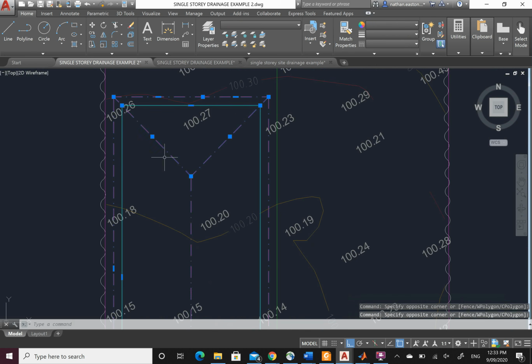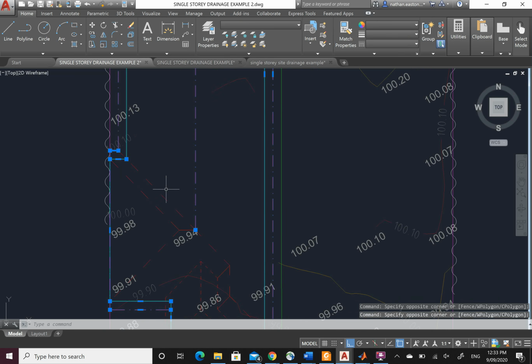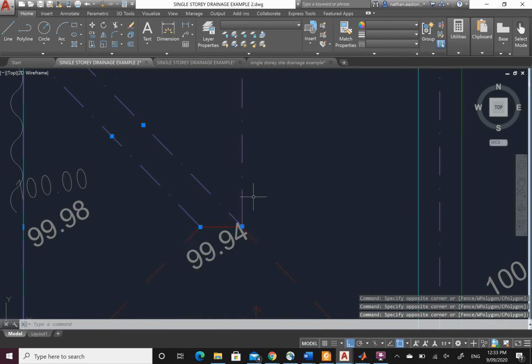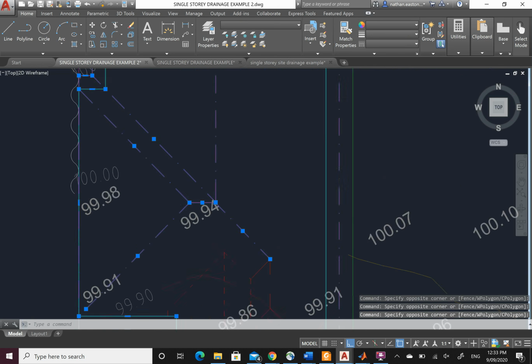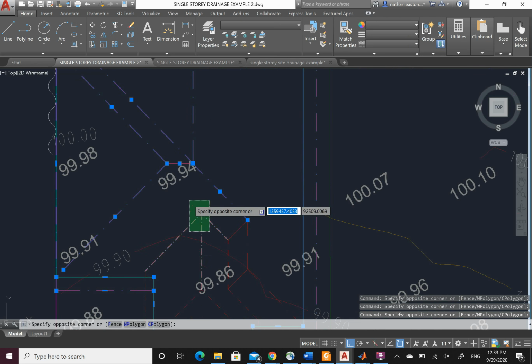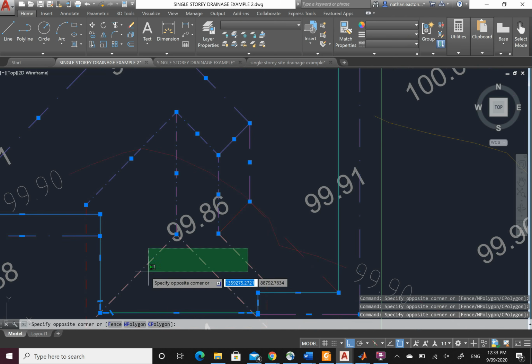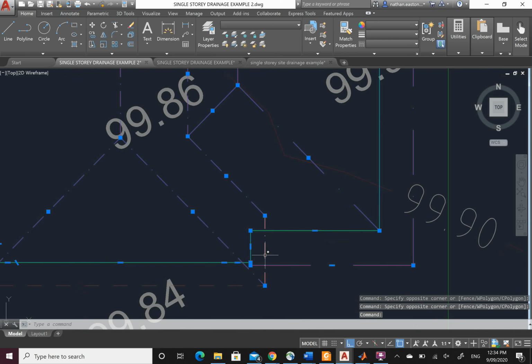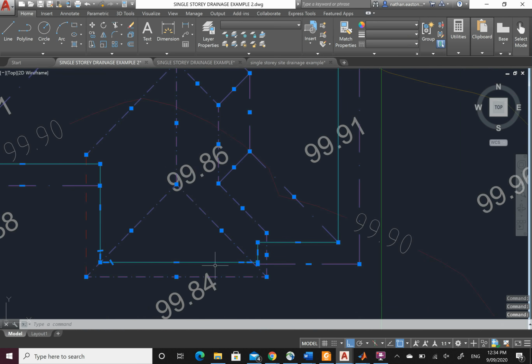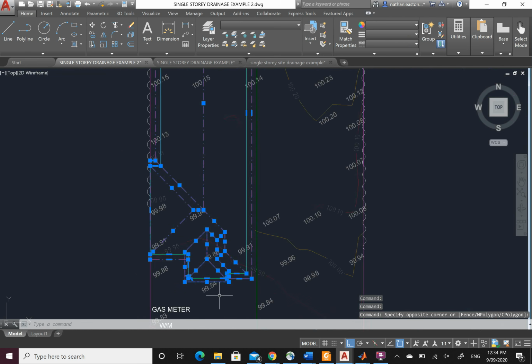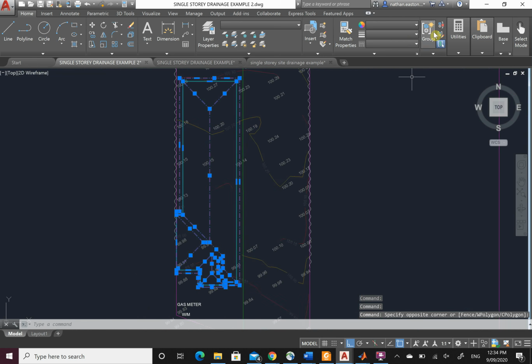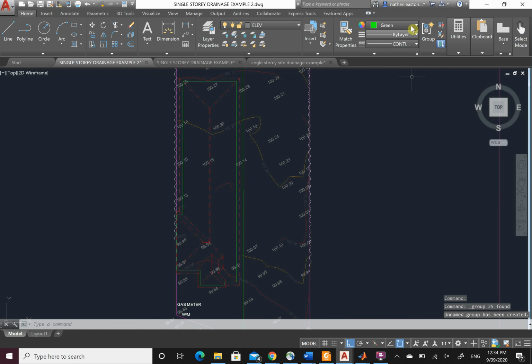So if I select that all again, what I might do is group it, just move them all together. Cool. And let's group it together.